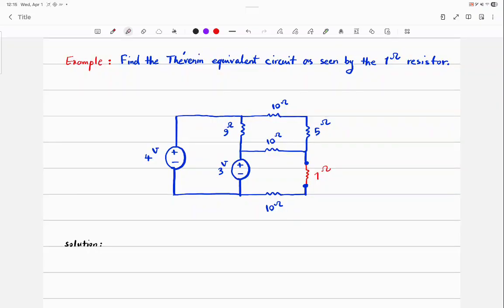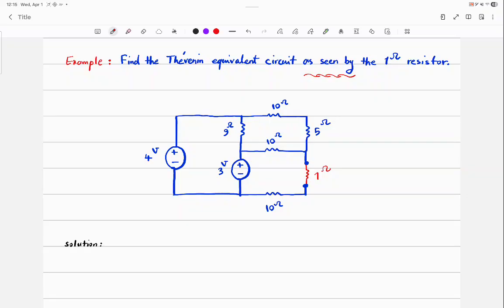Now, find the Thévenin equivalent circuit as seen by the 1 ohm resistor. First of all, I want you to pay attention to this. As seen by. Remember, on your exam, the 1 ohm resistor is not labeled red, so you have to understand it yourself.